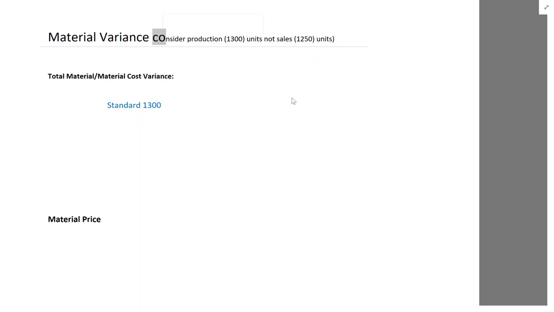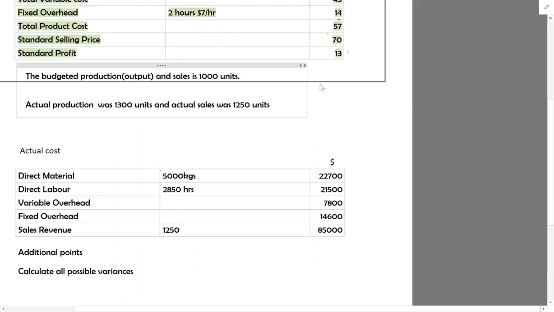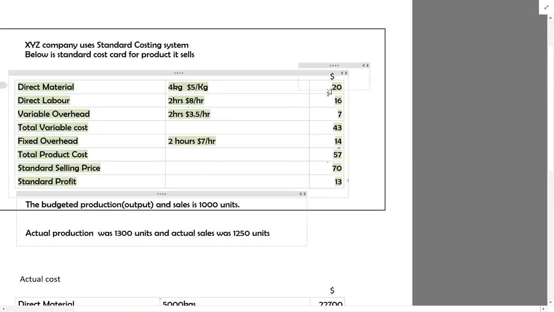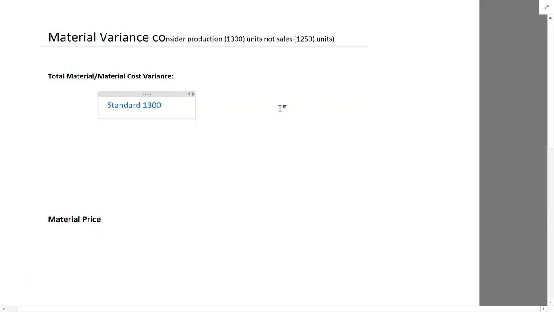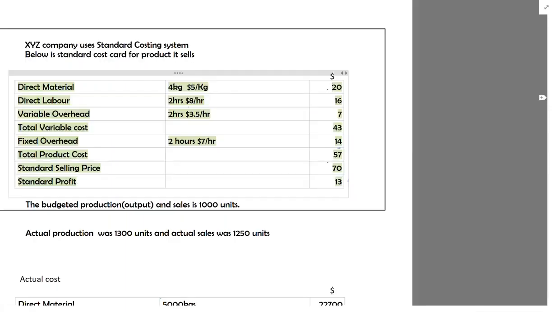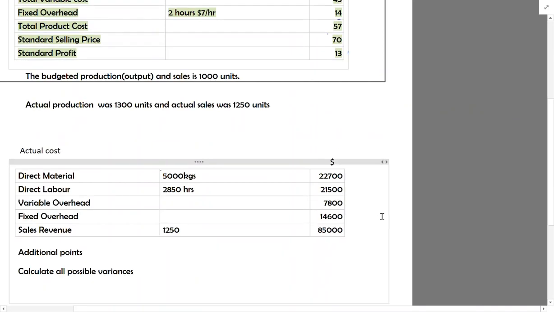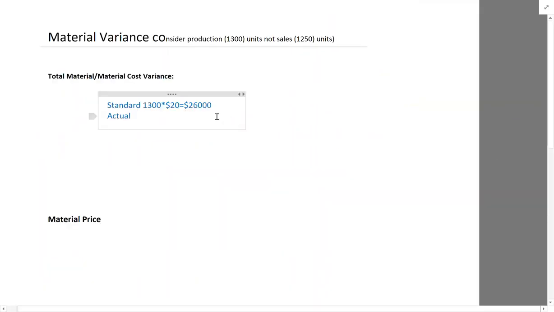So according to standard, per unit, should cost us $20, yeah? So we multiply by 20. It should have cost us 26,000, but actually, if you look at the actual figure, how much is it? 22,700. Yeah.